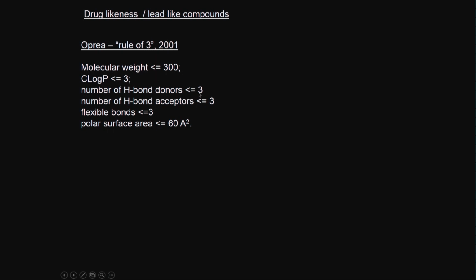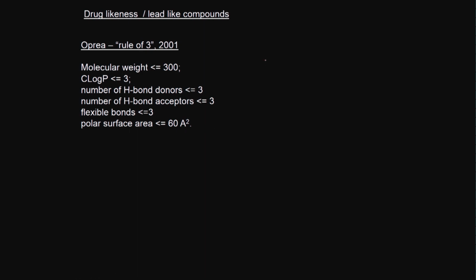Number of hydrogen bond donors less than 3, number of hydrogen bond acceptors 3. So they seem to have all 3 coming. Flexible bonds 3, they bring in another parameter called flexible bonds. Polar surface area less than 60 angstrom squared. So according to them the molecule should have this type of behavior. Why this polar surface area?